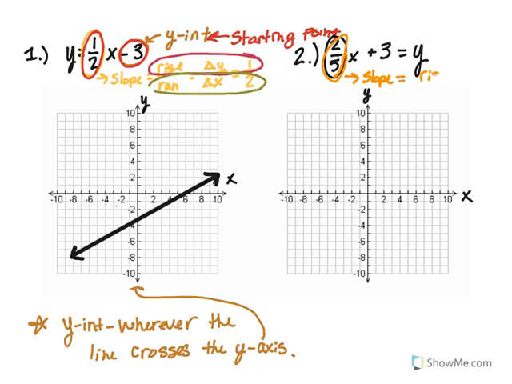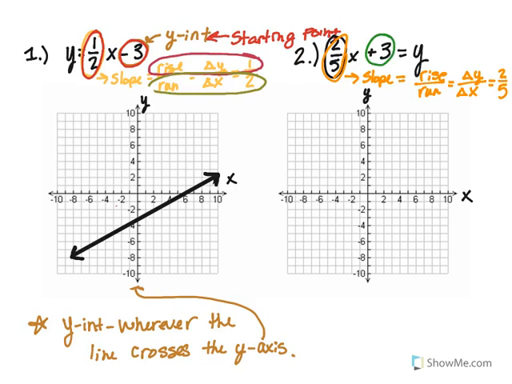So this is our slope, or rise over run, or change in y, which is up and down, over change in x, which is right or left. So this is 2/5. Okay? But we don't start there. We start with whatever is added or subtracted without an x with it. So we've got just a +3 here.